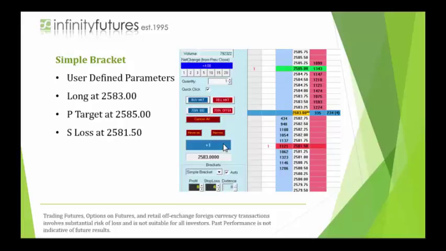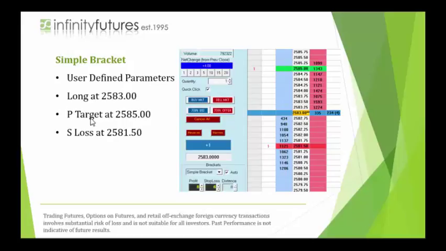So the way this simple bracket is set up is we have a profit target 8 ticks above the entry price. Okay, in this particular case, it's 25.85 even. You can count up 8 ticks, and there's our profit target, and that's of course a limit order, right? It's graphically represented with green, meaning a limit order, and we want to sell one up there to take profit on this trade because our opinion is the market is going to go up.